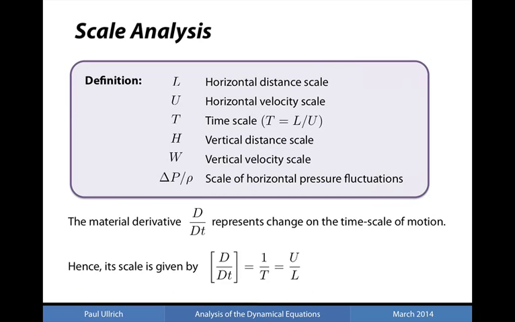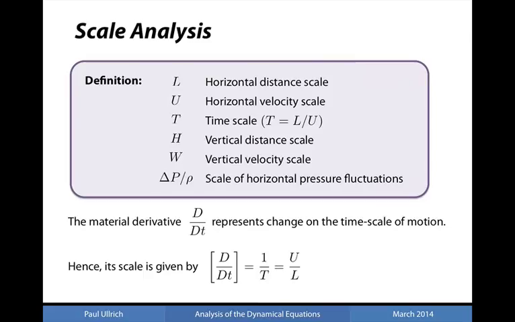Okay, so we have certain scales associated with the momentum equations. We have our horizontal distance scale, we have our horizontal velocity scale, and our time scale in terms of the length and horizontal velocity scale. However, we also have a vertical structure of our phenomenon, and since the vertical structure of the atmosphere is so distinct from the horizontal structure, it's important to consider that these two scales will be significantly different from the horizontal scales.